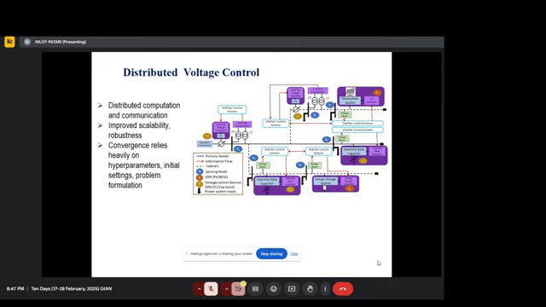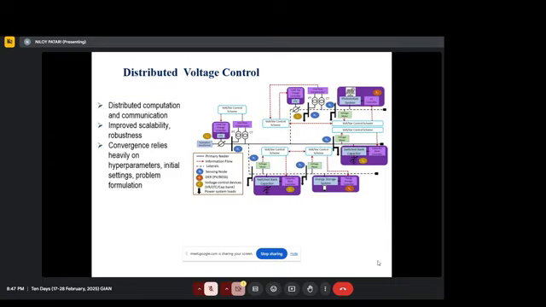Then robustness is improved because there is no communication exchange happening network wide. So to get to a certain optimal solution, you don't have to worry about what if this communication fails.